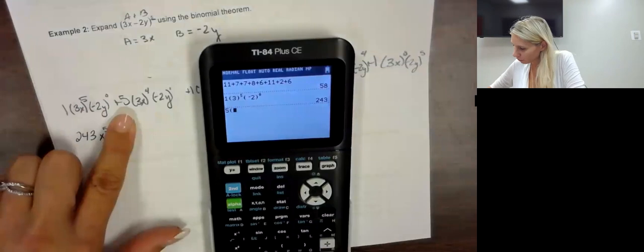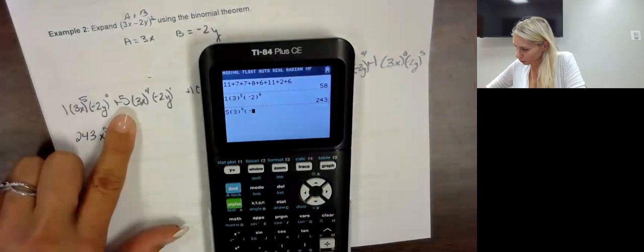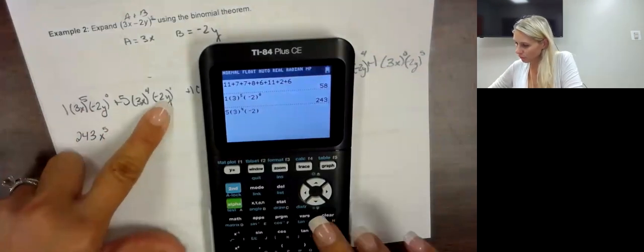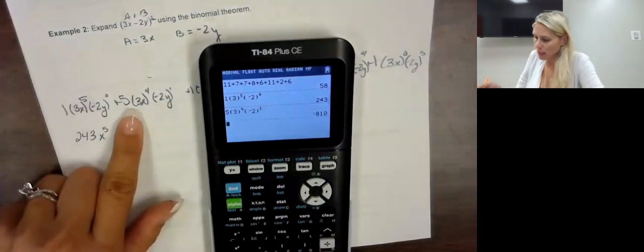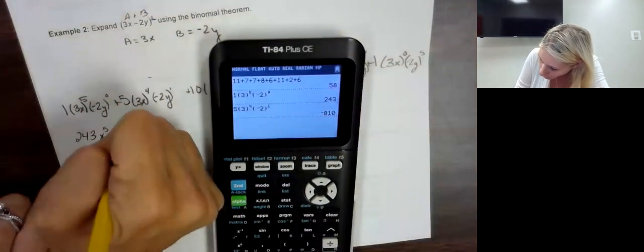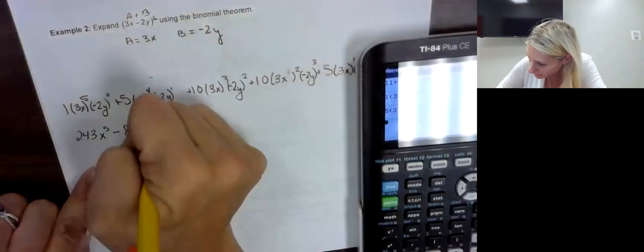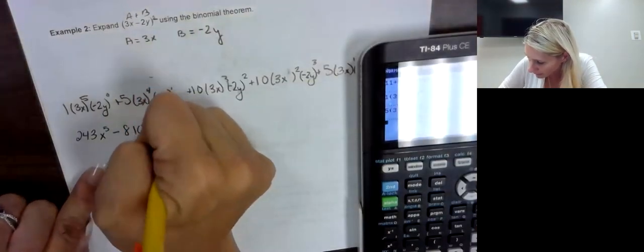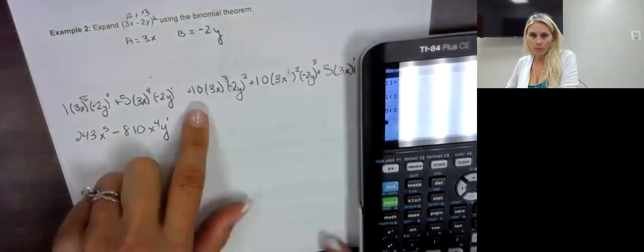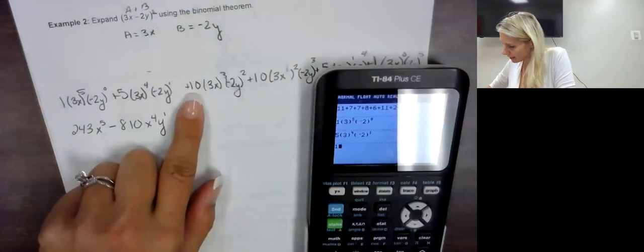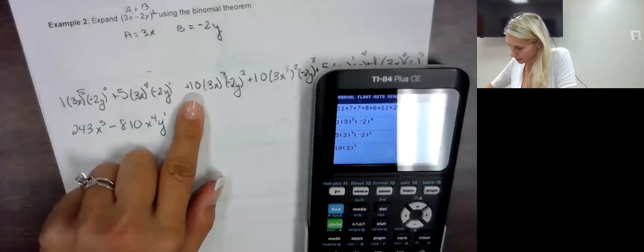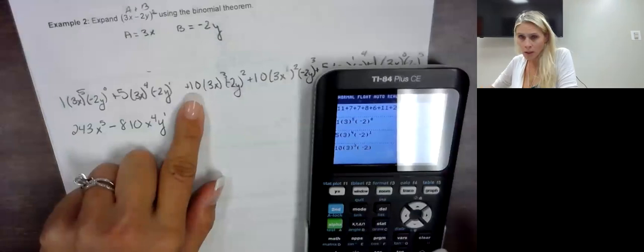Then I'll do the next one. 5 times 3 to the 4th times negative 2, close the parenthesis, to the 1st, equals. So I get negative, so it's minus 810. Now if I look at this, this is going to be x to the 4th, y to the 1st. And do it again. 10 times 3 cubed times negative 2 to the 2nd.